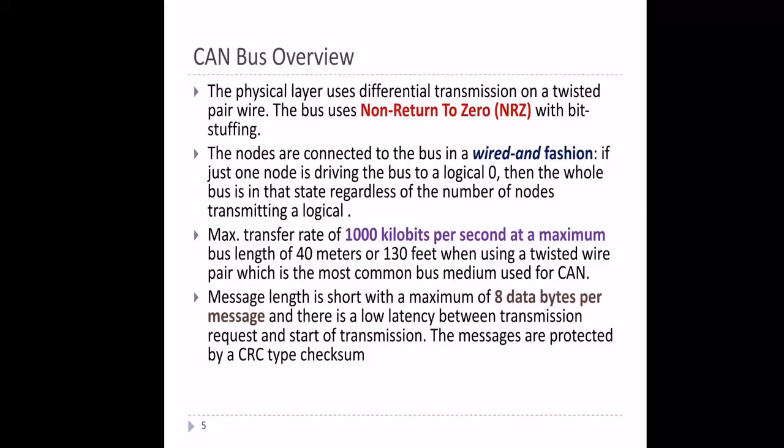The message length is short, with a maximum of 8 data bytes per message, and there is low latency between the transmission request and the start of transmission. Here the SOF frame starts. The messages are protected by a CRC type checksum. These are some of the significant features where the CAN bus has really proven its efficiency in this market.